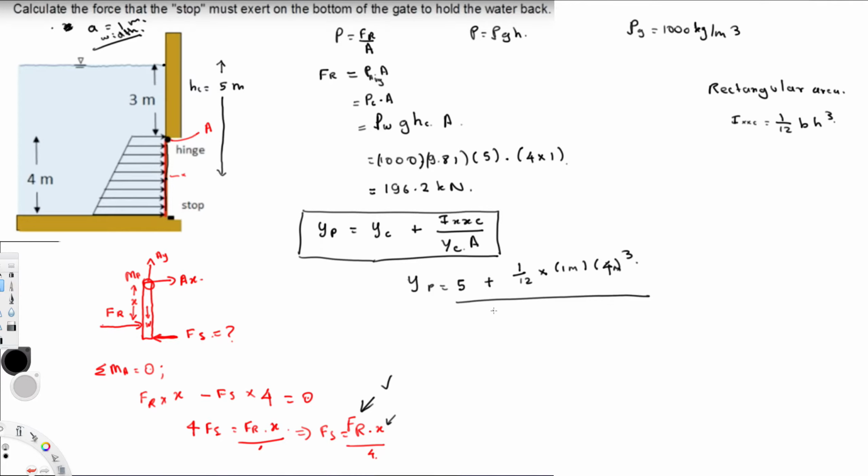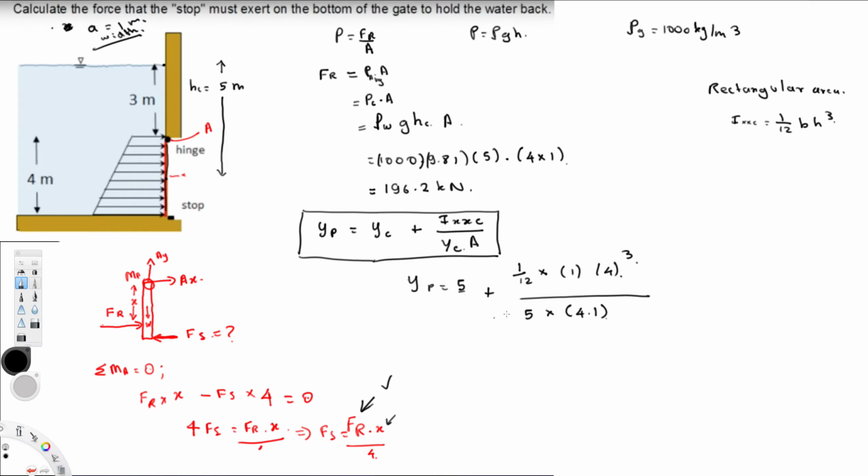In the bottom we have the same 5 as here, plus yc, which is 5, times the area, which is 4 times 1. I don't know why I put units; if I put units, I had to put them for everything. So 1 times 4 cubed. Now we have all the values.